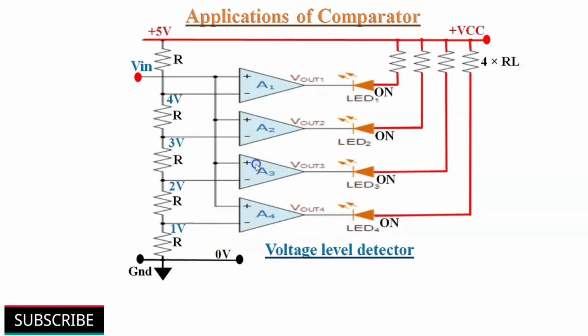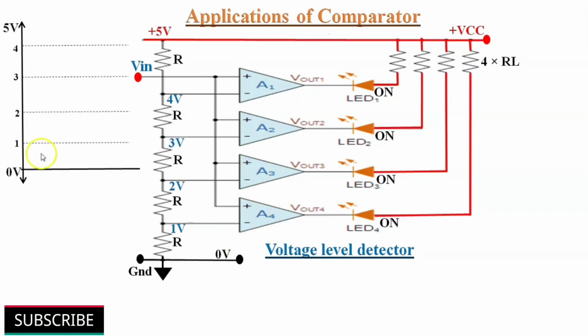Output of each comparator turns on or off the LEDs connected to them according to the input voltage level. Let's observe this. If the input voltage is greater than 1 volt, then the lower comparator A4 output will be high, so it turns off the lower LED 4. When the input voltage is greater than 2 volts, then both A3 and A4 comparator outputs are high, so LED 3 is also off along with LED 4.